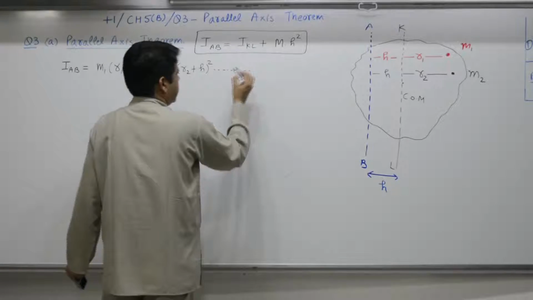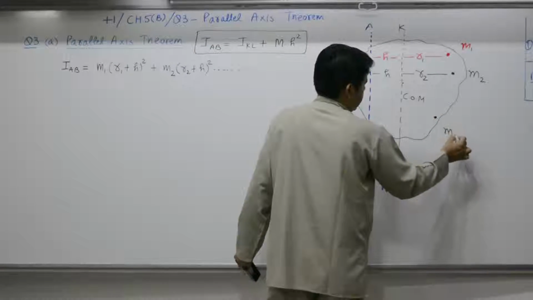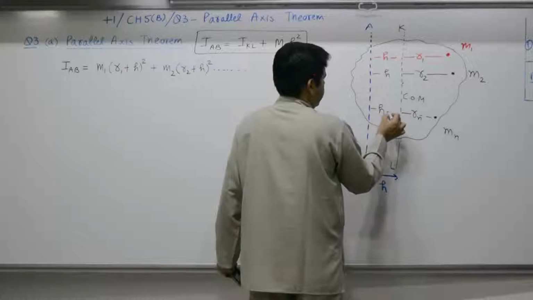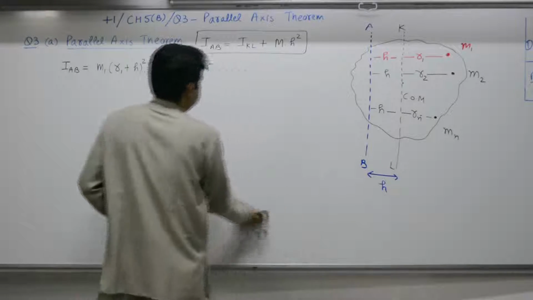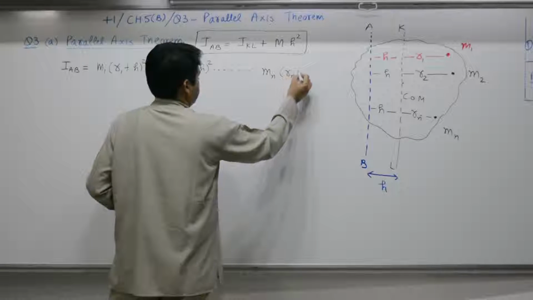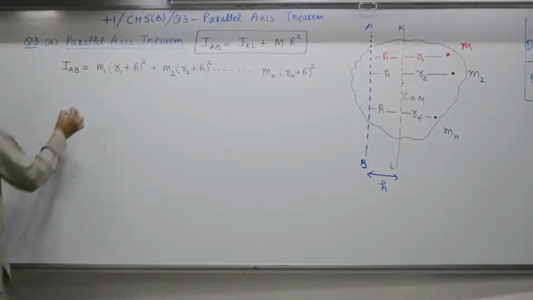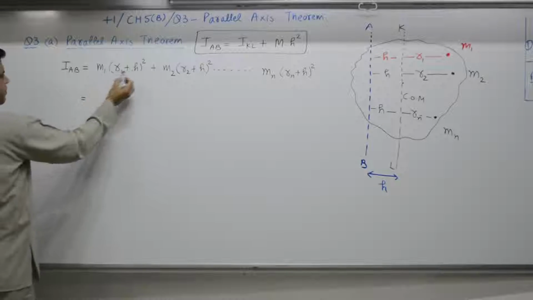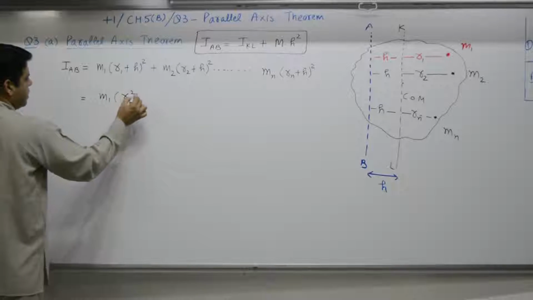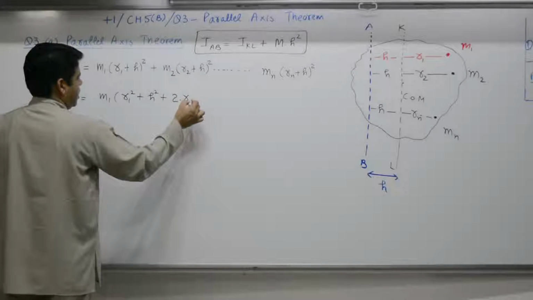If there are n such particles, then for the nth particle it is mn, rn and h, which comes out to be mn (rn plus h) square. When you open the bracket, (a plus b) square: m1 (r1 square plus h square plus 2 r1 h).